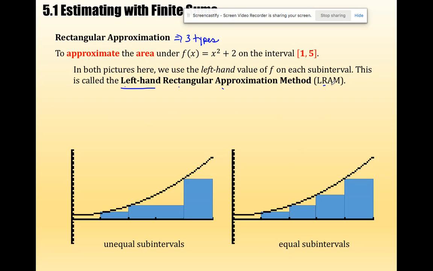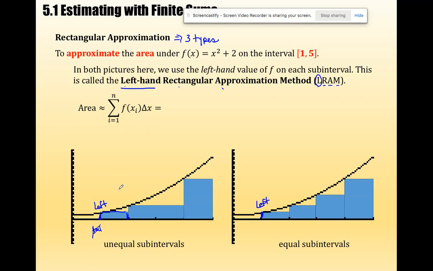Do you see how the L stands for the fact that when we started, we looked at our first interval and used the left point, the left side, to constantize our height?